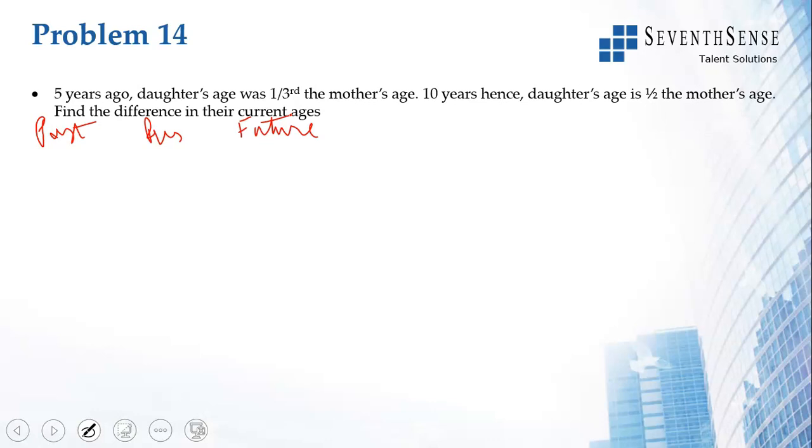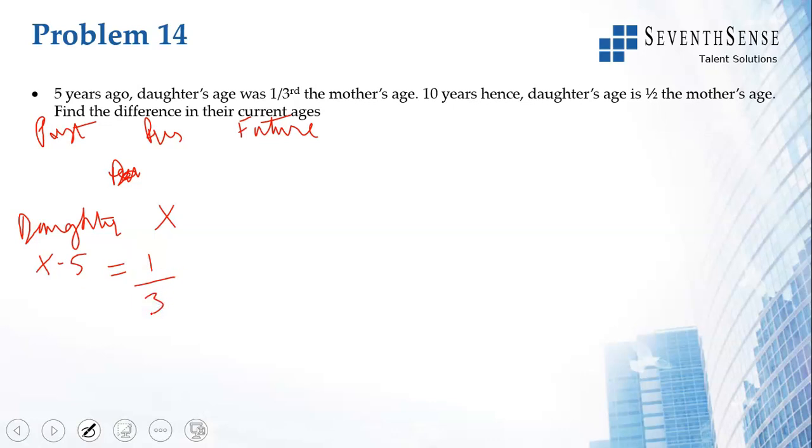So if you take daughter's age as x, you'll say daughter is x present. 5 years ago, daughter is x minus 5. What is that equal to? 1/3 the mother's age.